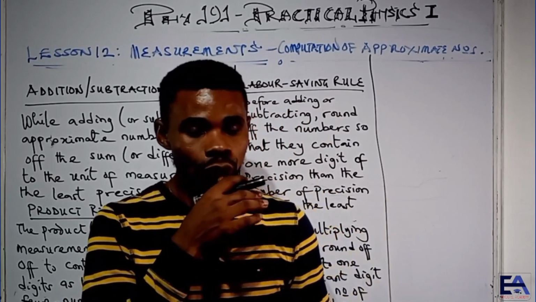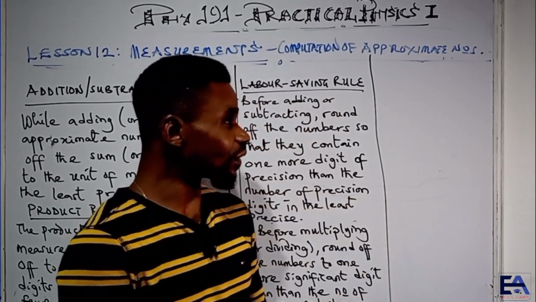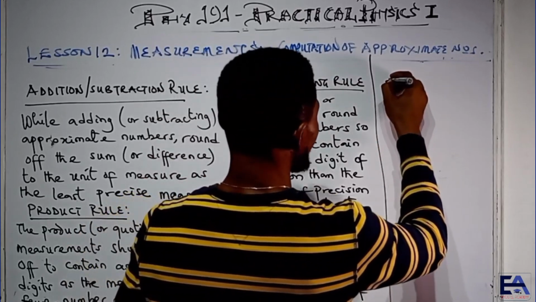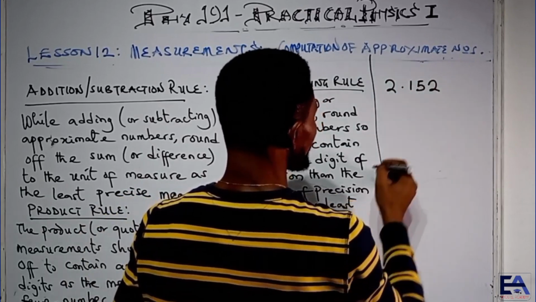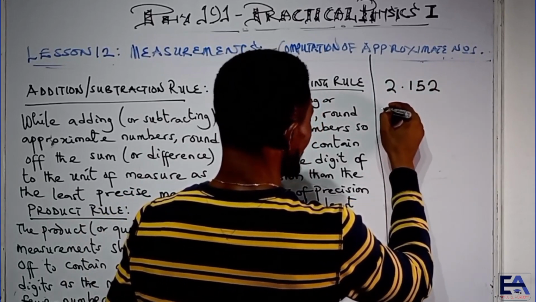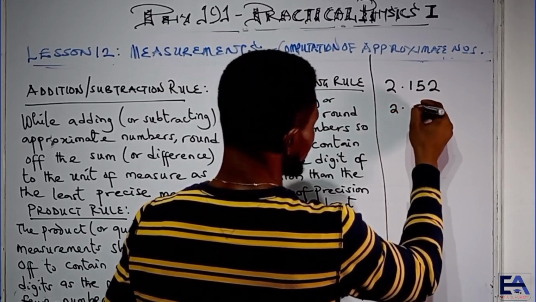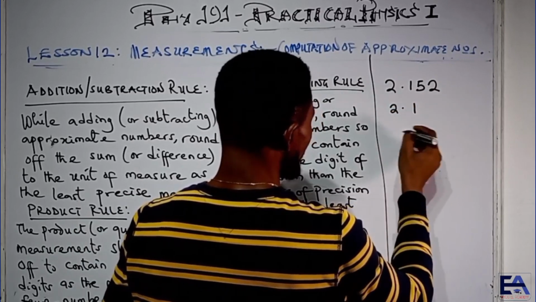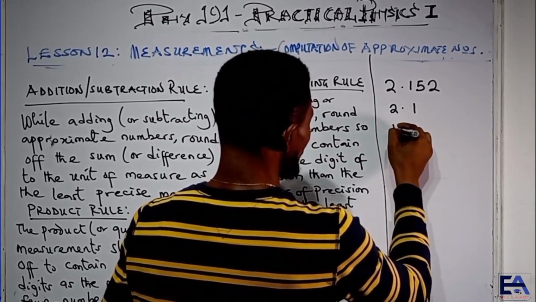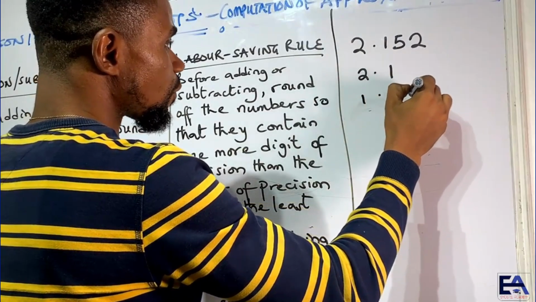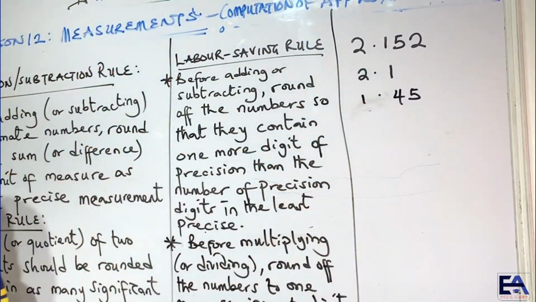All right. So if I have a number like 2.152, and I have another one like 2.1, and I have another number like 1.45.